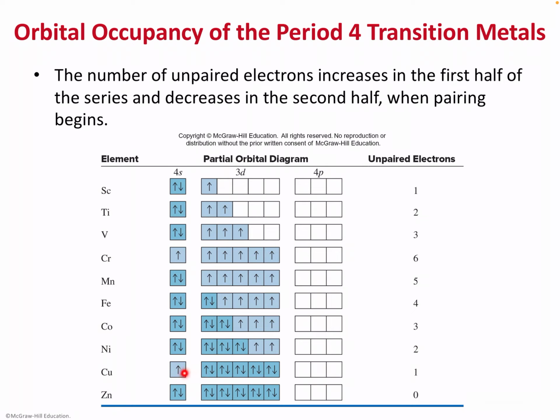So those are exceptions. Chromium and copper are exceptions which we learned in General Chemistry 1. Okay, and then zinc is 4s2, 3d10. Zinc doesn't have any unpaired electrons. Okay, so this is the electron configuration for period 4 transition metals.